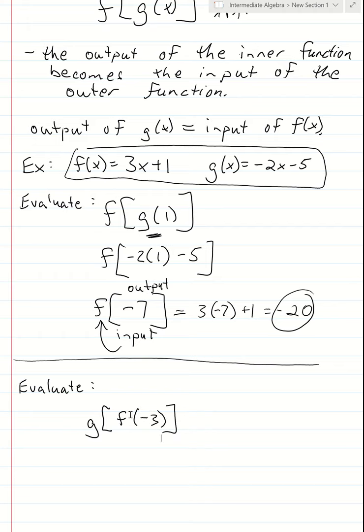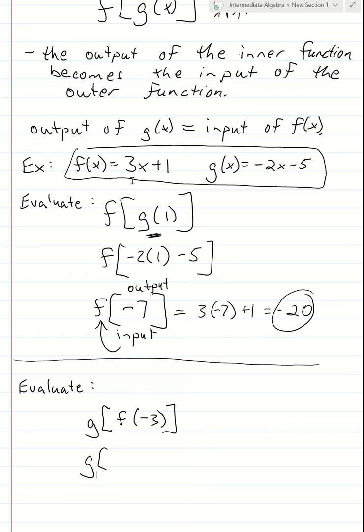Now once again, I'm going to start with the innermost function. And for the innermost function, which is now f, I have to evaluate the function f when my input is the negative 3. So I'm not going to worry about the function g right now. And I'm going to evaluate the function f.